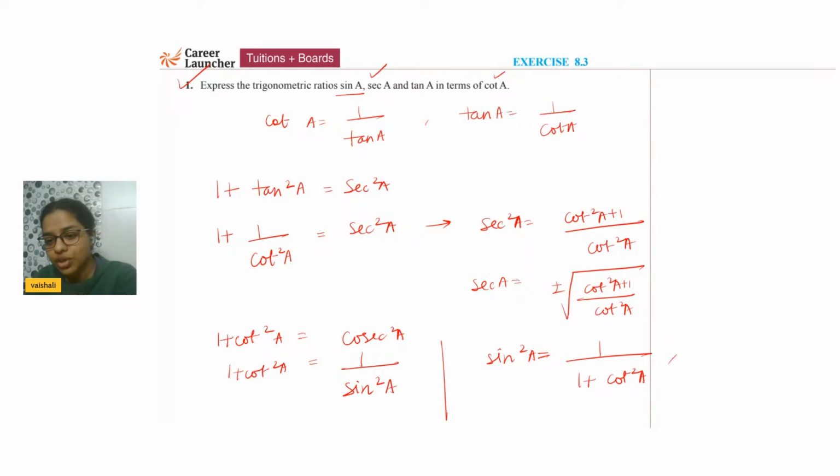If I want to remove this square as well, we will get plus minus 1 by under root of 1 plus cot square A. I hope this conversion is understood.